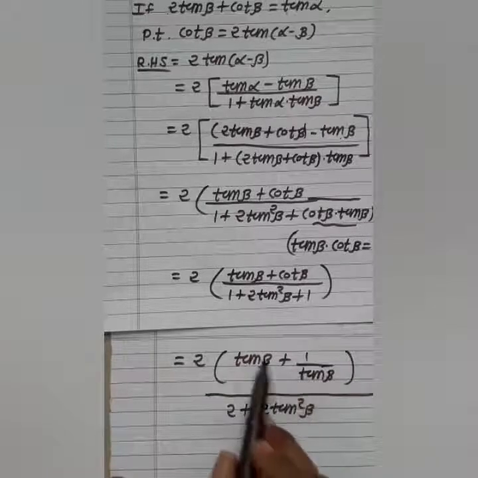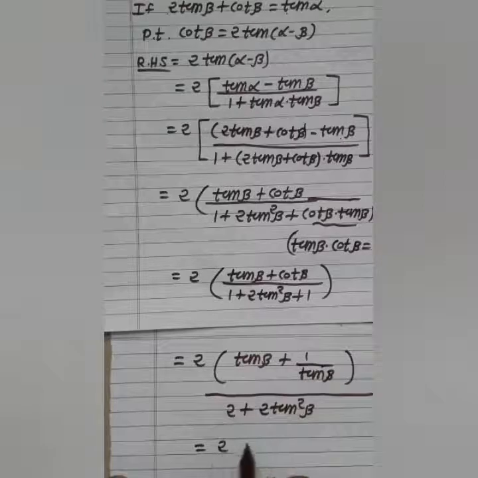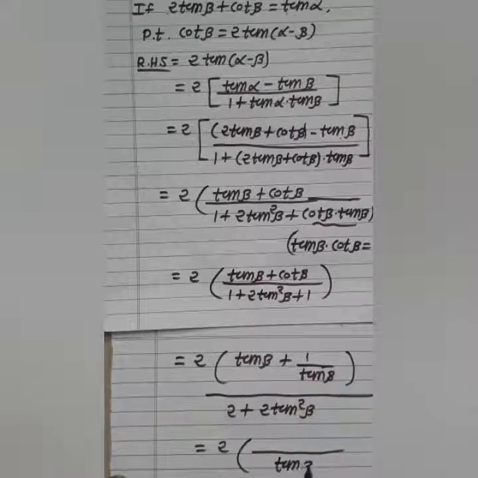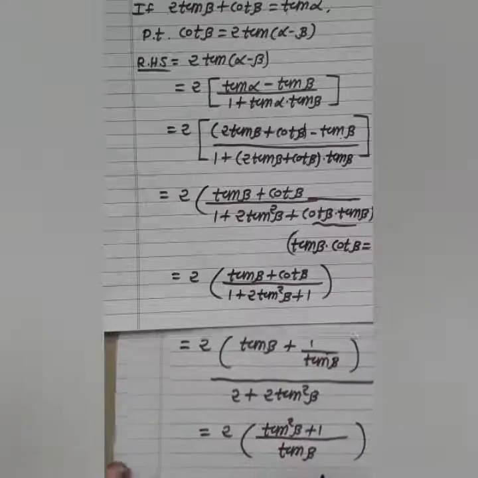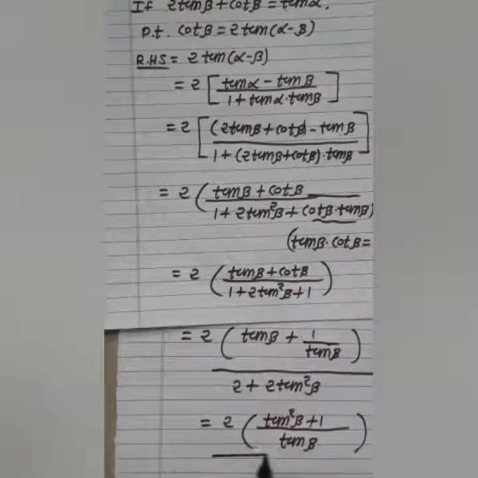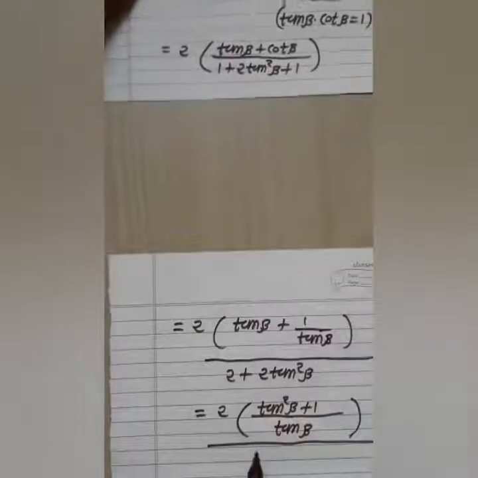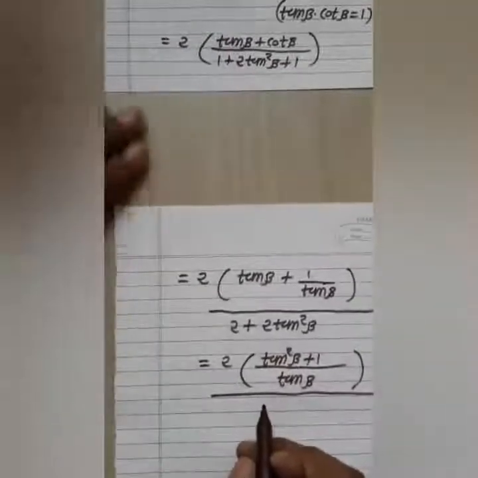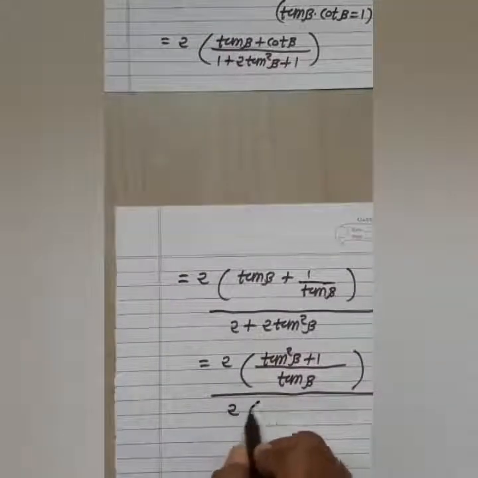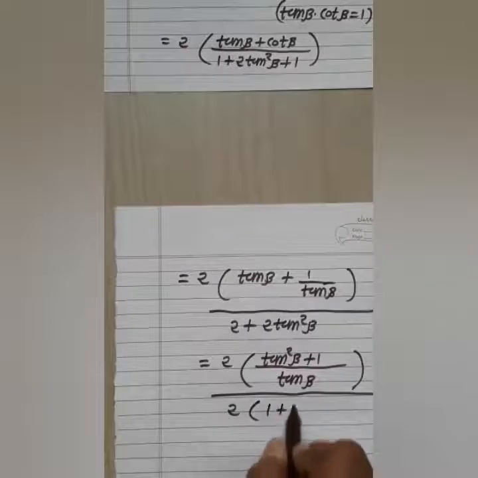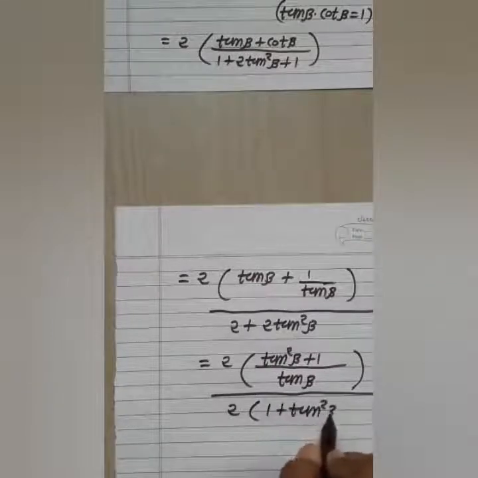Now in the numerator term tan beta is the LCM, so 2 into bracket, here we can write tan beta into tan beta, that means tan square beta, plus 1, upon, in the denominator term 2 we can take common, so 1 plus tan square beta.